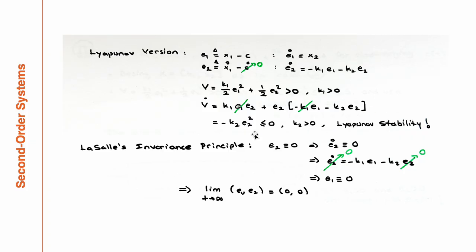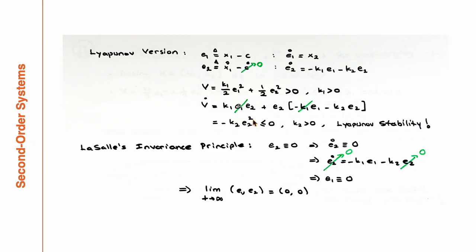But eventually you end up having, you started with two variables, e1 and e2. Unfortunately, you have only one of them. It is like you went on a trip with your friend, but your friend is missing. And you know, when a friend is missing, something is wrong. You cannot claim asymptotic or exponential stability. The best bet at this stage is to have Lyapunov stability, because an e1 to the power of 2 type of term is not there.